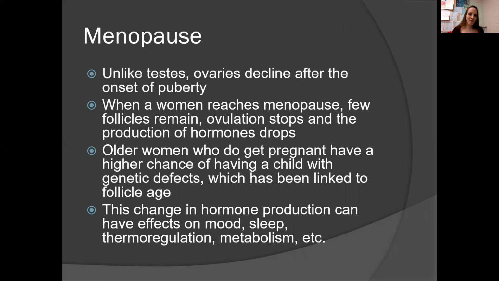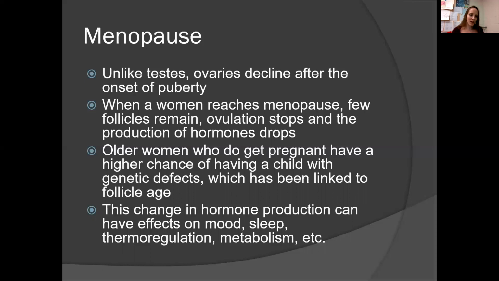So unlike in men, who can continue producing sperm for their entire life, the ovaries do slowly decline starting right after the onset of puberty. By the time a woman reaches menopause, there are very few follicles left in the ovary, and ovulation will stop at that point. Then hormones will drop off because we don't have this entire menstrual cycle regulating hormones anymore.